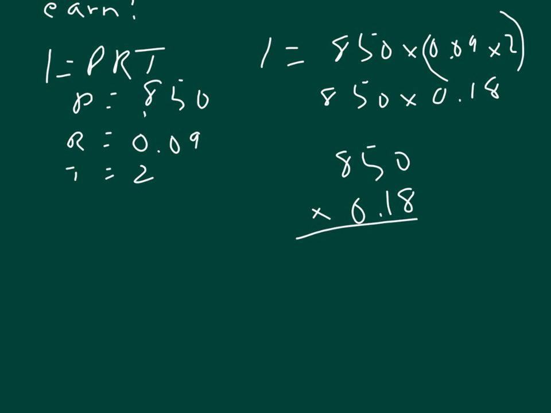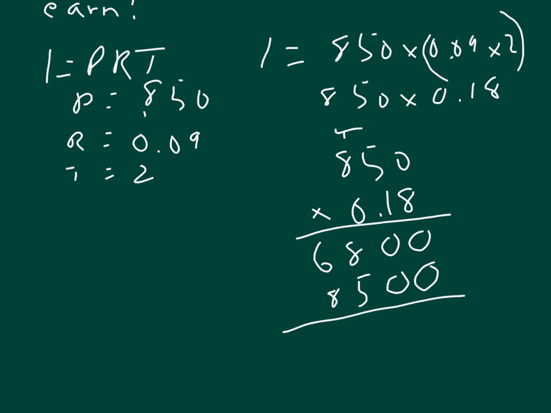Feel free to fast forward if you want to, because this is a little tedious just watching me do this. 8 times 0 is 0. 8 times 5 is 40. 8 times 8 is 64, and 6 more is 68. Placeholder. 1 times 0 is 0. 1 times 5 is 5. 1 times 8 is 8. Add the partial products. Bring the decimal point straight down, and we would get 153, and that decimal point represents the dot that separates dollars and cents. So the interest would be $153 even.